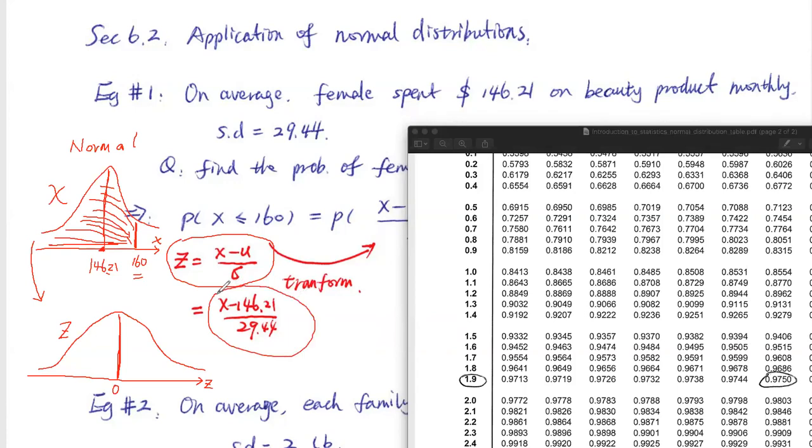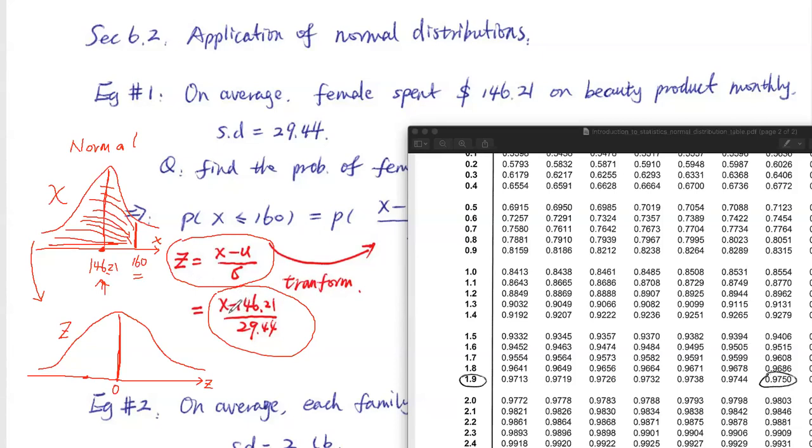Now, for example, if we want to find out what the center maps to, what do we need to do, everybody? We apply X equal to 146.21.